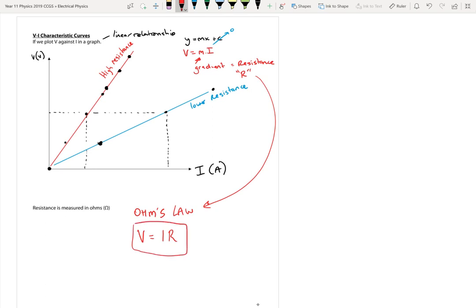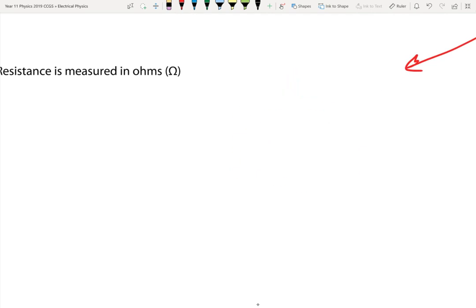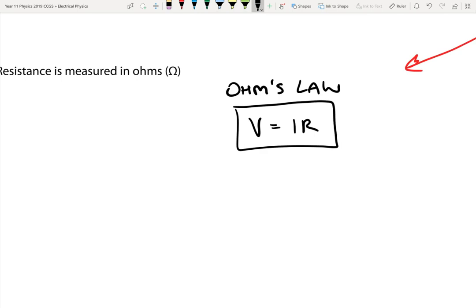I'll draw that a bit nicely in just a moment. Let's get down here. Yeah, zoomed in, looks a little bit horrible. It's called Ohm's law, and it is V equals IR. Boom. Get that in a box and highlight it.